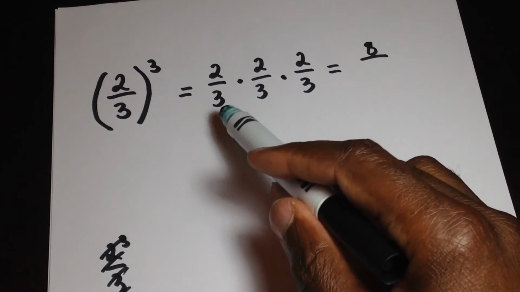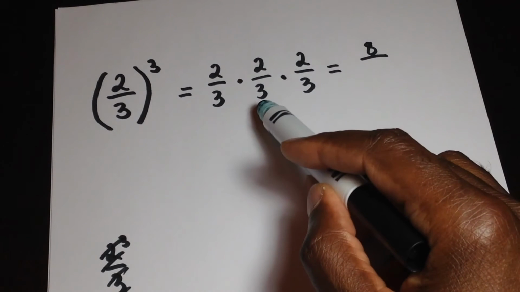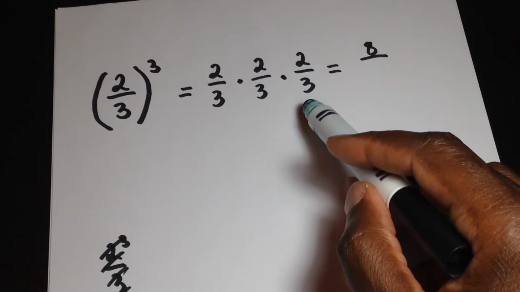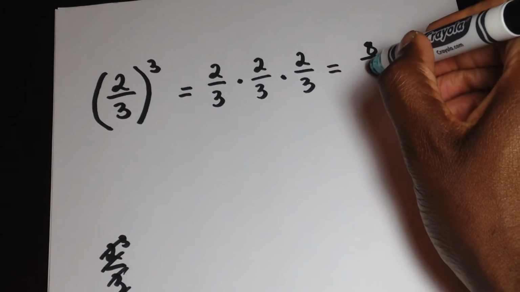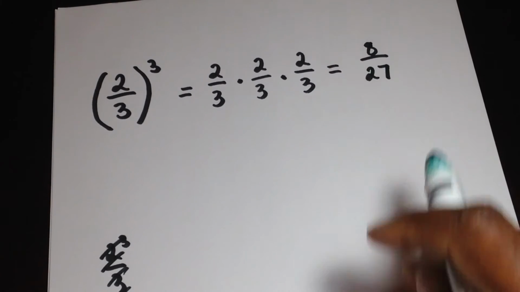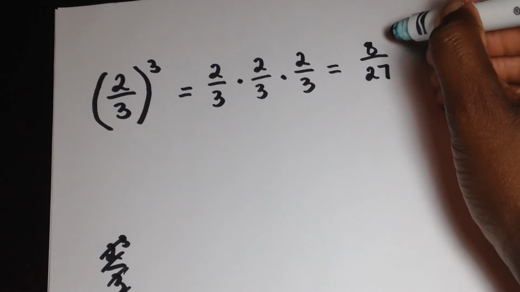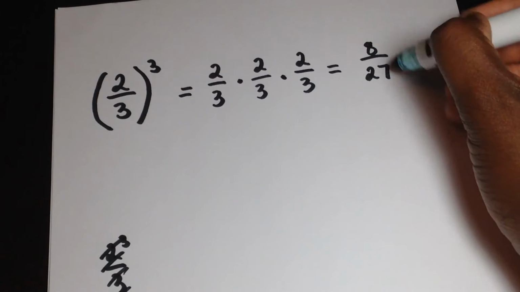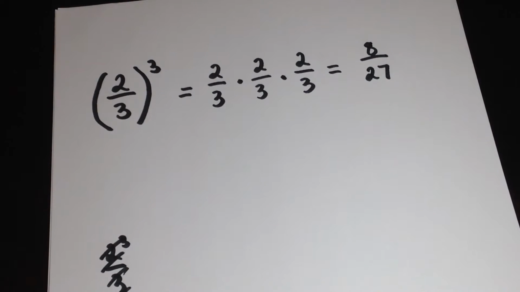For my denominator, I'm going to do 3 times 3, which is 9, and 9 times 3 is 27. So the standard form will be 8 over 27. That will be the answer when you evaluate it.